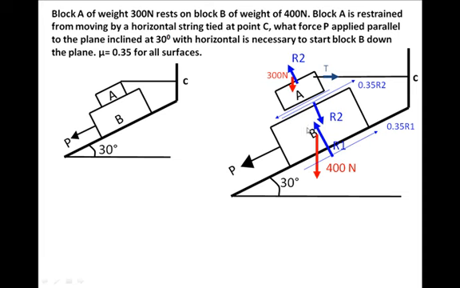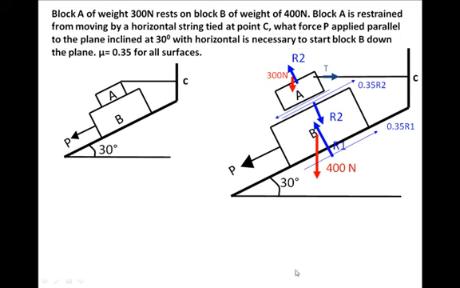Now that we have drawn all the forces, all we have to do is write sigma Fx equals 0, sigma Fy equals 0 for each of these bodies. When bodies are on an incline and their surfaces are parallel to the incline, it is convenient to take the x-axis along the plane and the y-axis perpendicular to the plane.